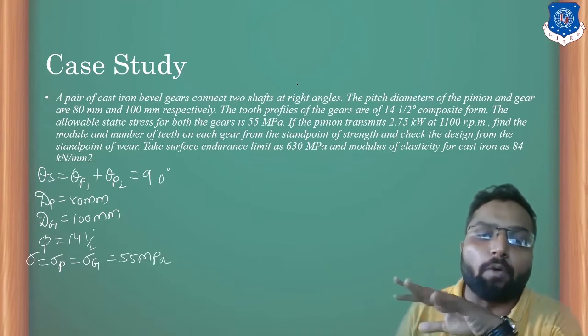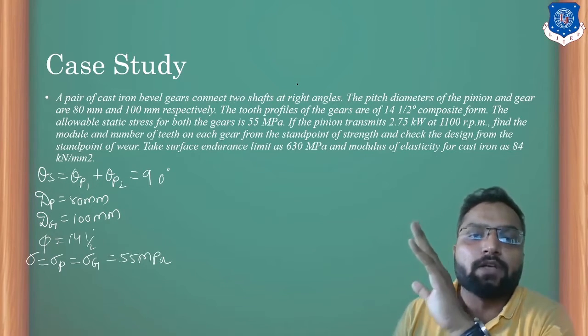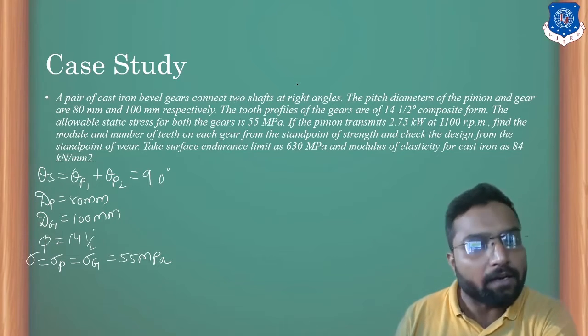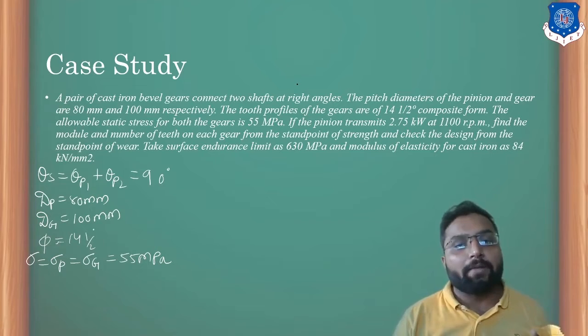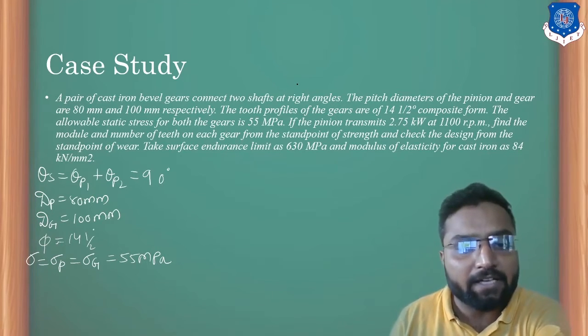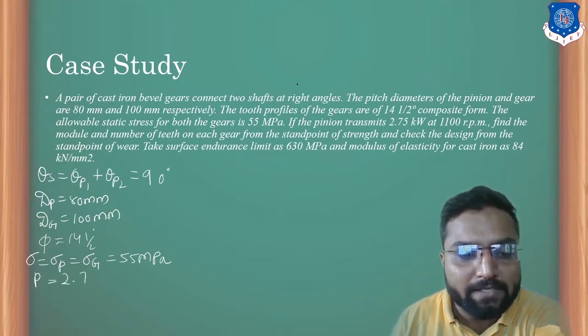So here you can observe that the materials for pinion and gear are the same. So we are going to design our gear for the pinion rather than the gear, because it is the weaker one. Clear? It has to transfer a power P equal to 2.75 kilowatt, and the speed NP is 1100 RPM.